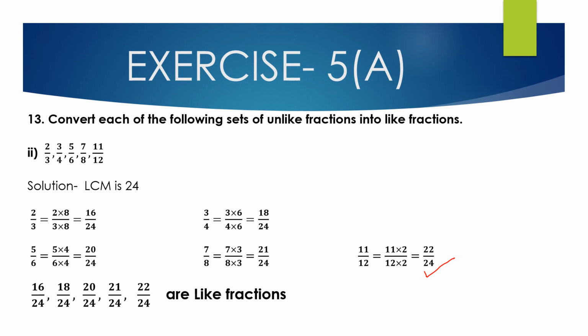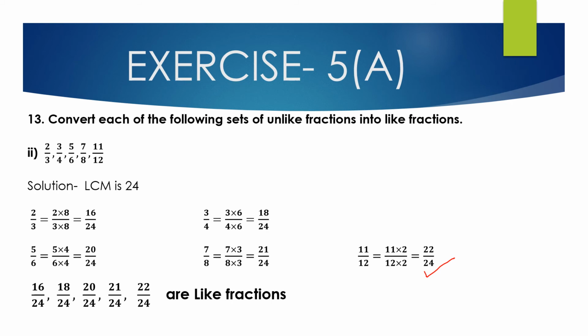So for converting unlike fractions into like fractions, first find the prime factorization of the denominators, then find the LCM of the denominators. Then convert the unlike fractions into equivalent fractions with the denominator equal to the LCM, by multiplying the same number with the numerator and denominator of that fraction.